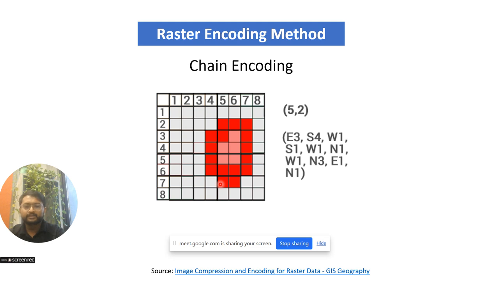Like this you continue, then northward, west one step, and then north three steps, 1, 2, 3, then east one, and then north one. Like this you cover the entire boundary of the object, and where the given values are similar, you can represent them using just one value. So this is chain encoding.